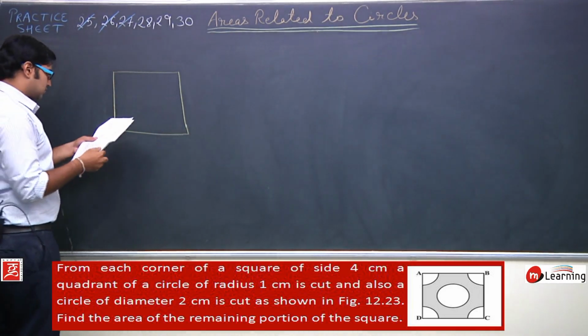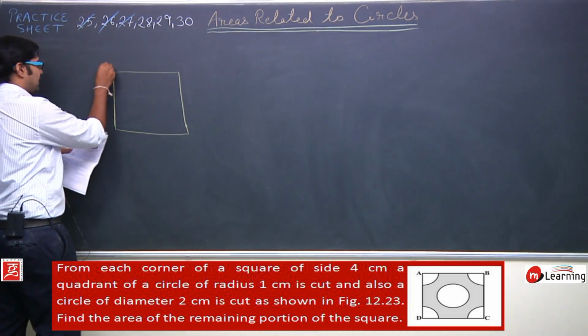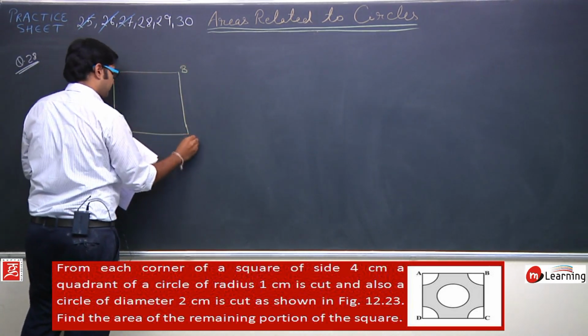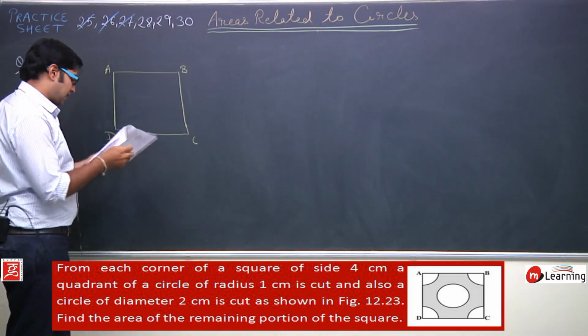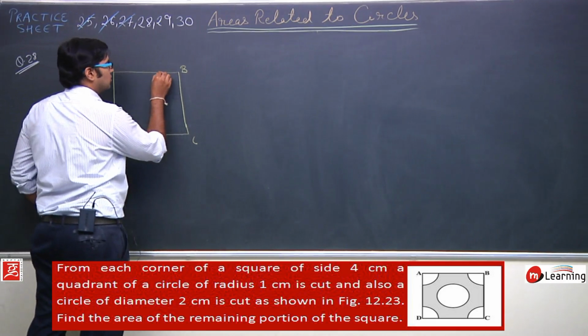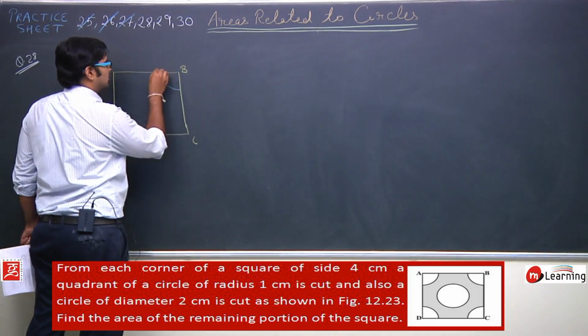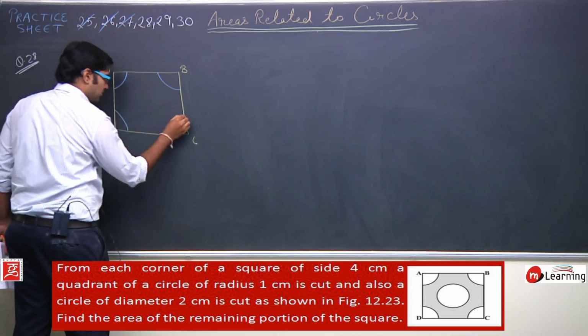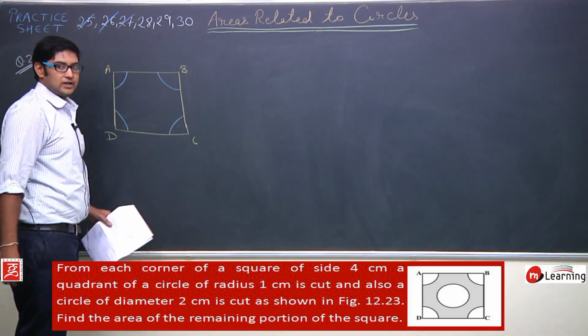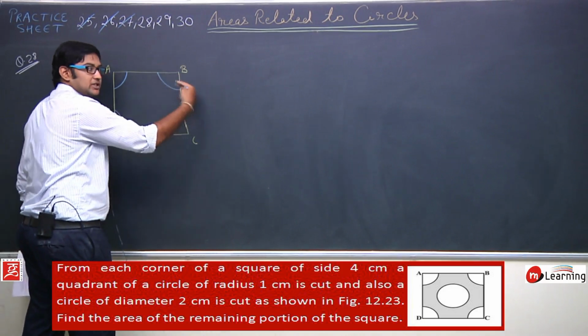So this is a square. Okay, this is the square ABCD, and in this square what we have done is we have removed 4 quadrants of circle like this. Okay, these 4 quadrants of circle we have cut this portion.